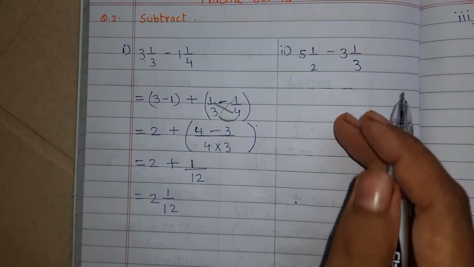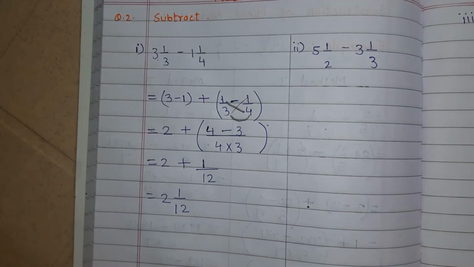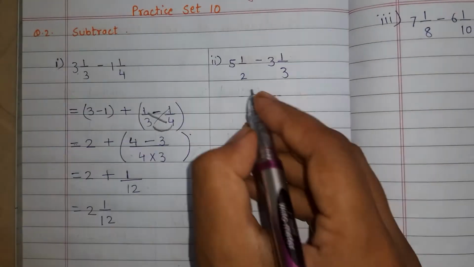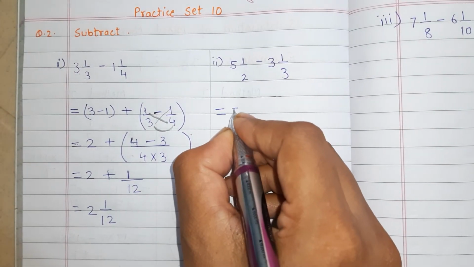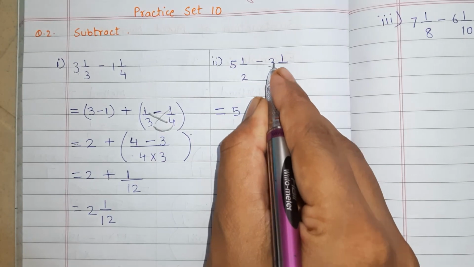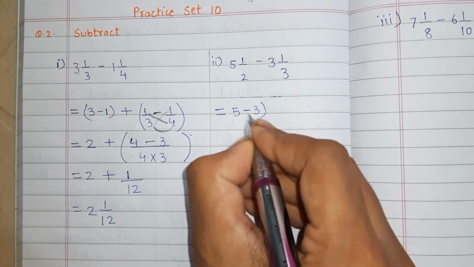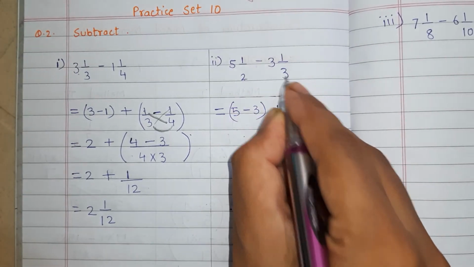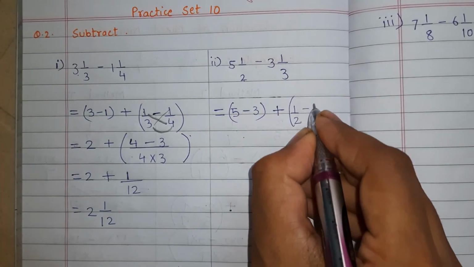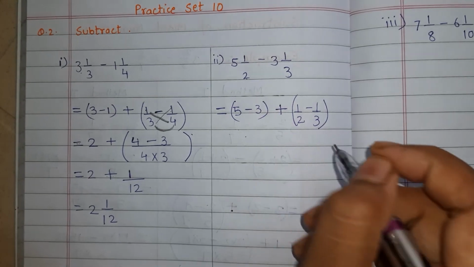2 plus 1 upon 12 means 2 and 1 upon 12. Over. Next, 5 and 1 upon 2. So whole number minus whole number means 5 minus 3, plus fraction minus fraction, 1 upon 2 minus 1 upon 3.